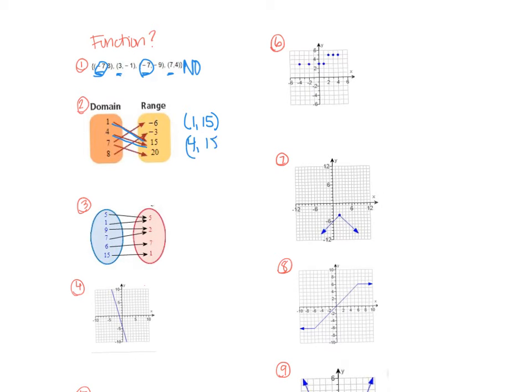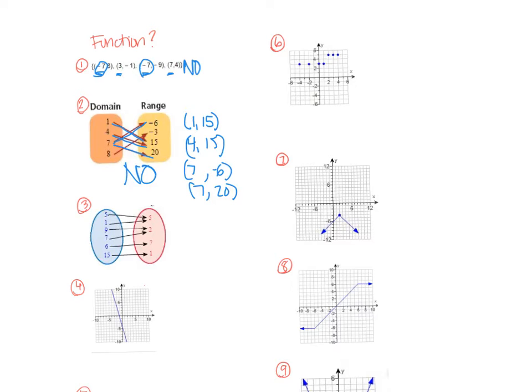Remember, we're allowed to have repeats in the y values, just not in the x. 7 maps to -6. 7 also maps to 20, and right there is where I can stop and say that no, this is not a function.